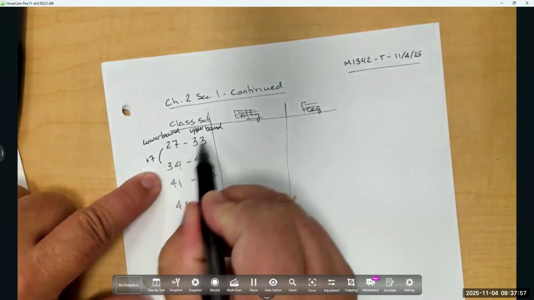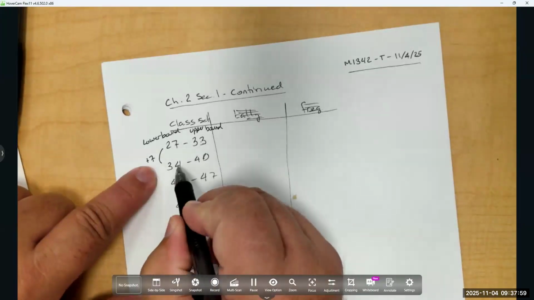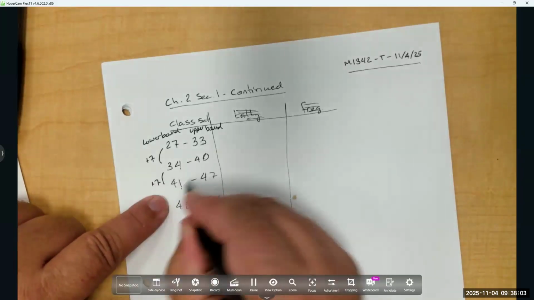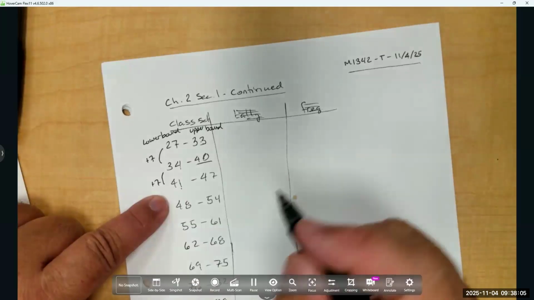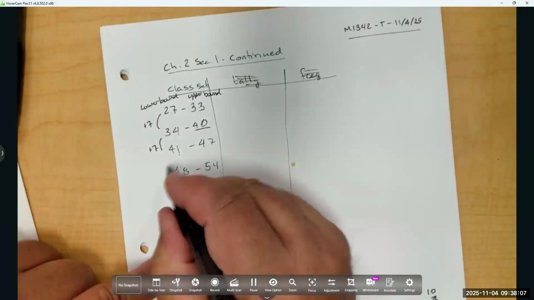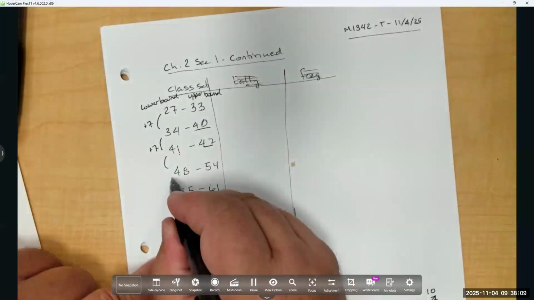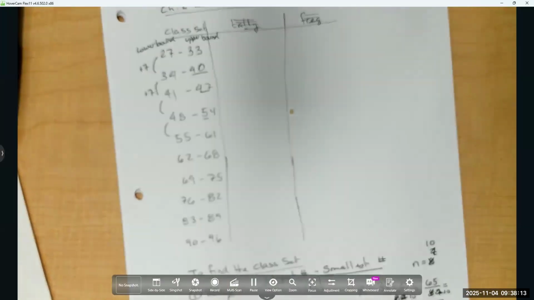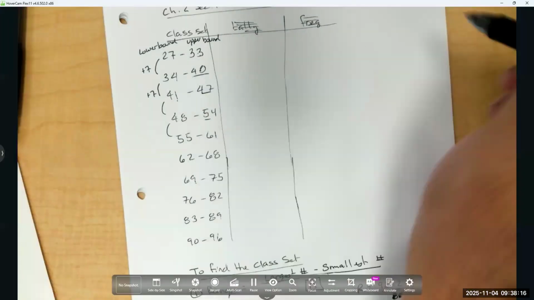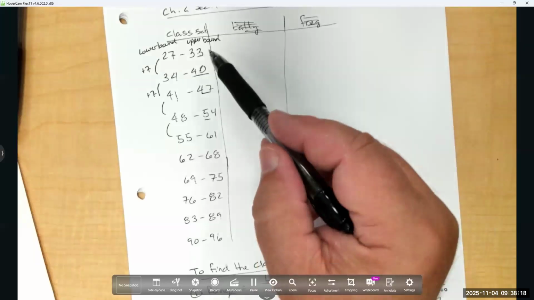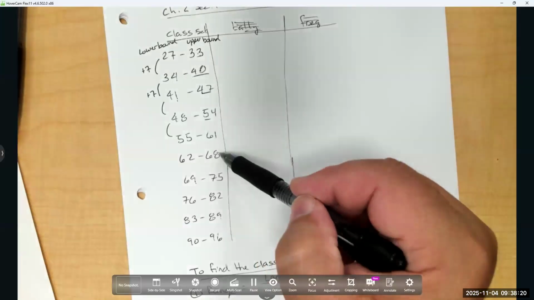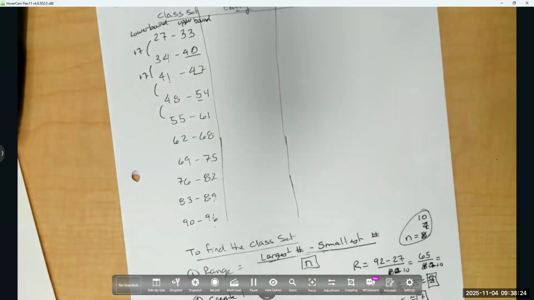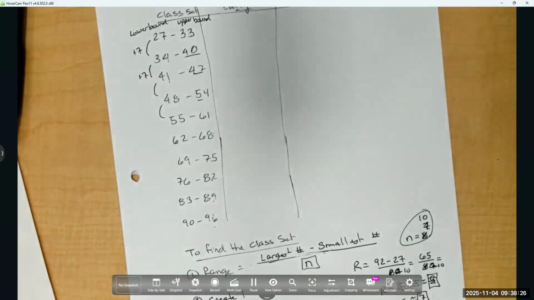It starts at 27, goes to 33. 34 plus 7 is 41. That means the previous one stops at 40. So we keep on doing that. We add 7, one before there. Add 7, one before there. And we keep on going. We have all these. How many of these do we have? 1, 2, 3, 4, 5, 6, 7, 8, 9, 10. Well, that's because we chose n as 10. We wanted 10 sets.